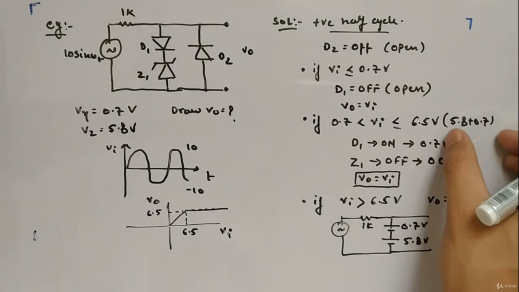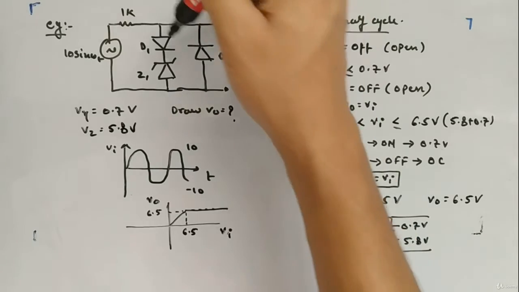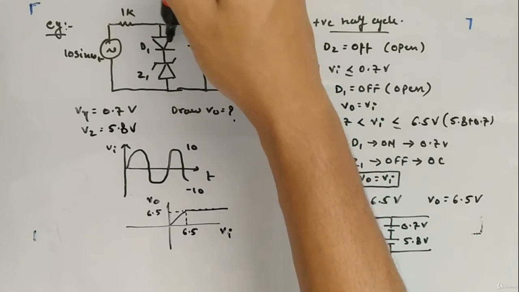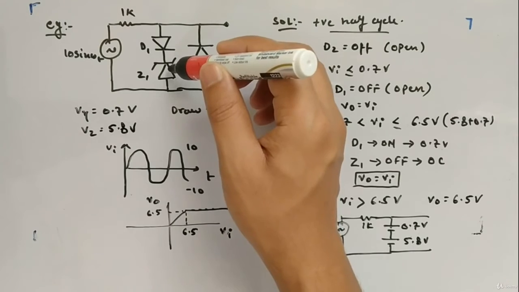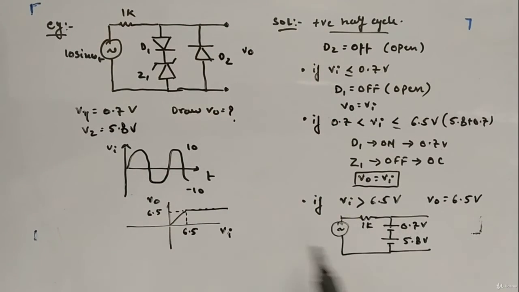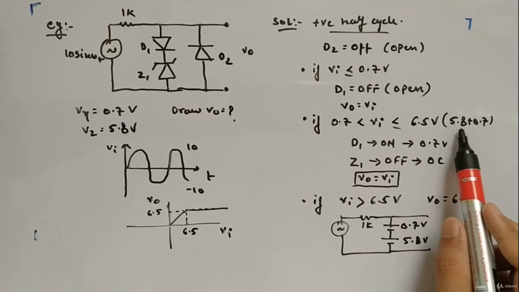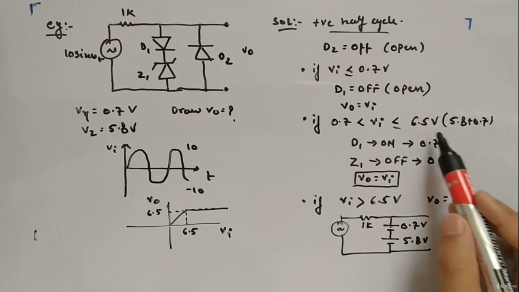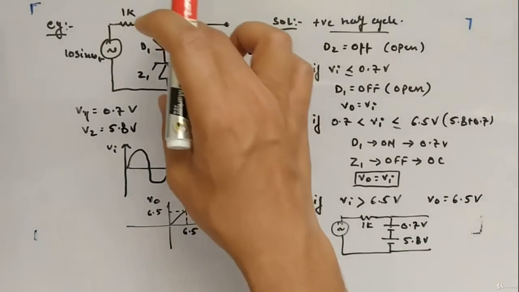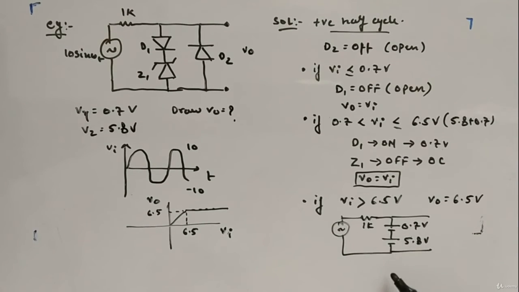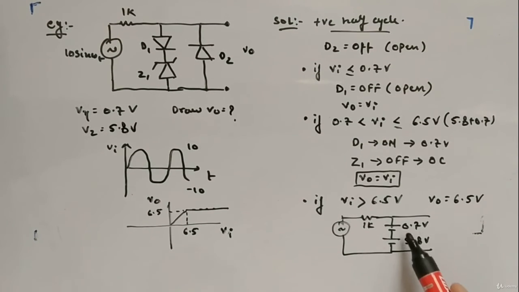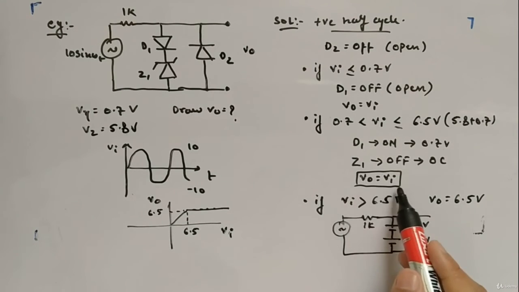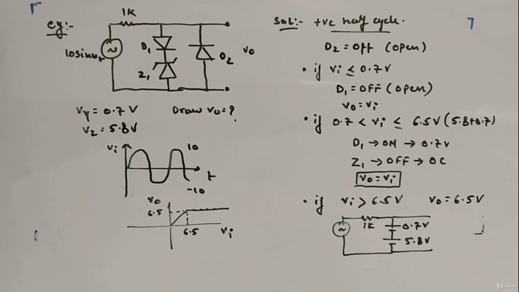Okay, you have to make sure that I have considered both of them, because this will be forward bias, so positive negative, and if this has to be in Zener mode, then the voltage has to be more than 5.8 plus 0.7, the drop across this as well. So if Vi is greater than 6.5 volt total, then and only then both will be on, else only this diode will be on and this will be off, and in that case also V0 will be equal to Vi. So I hope you are able to see how I did the calculation.